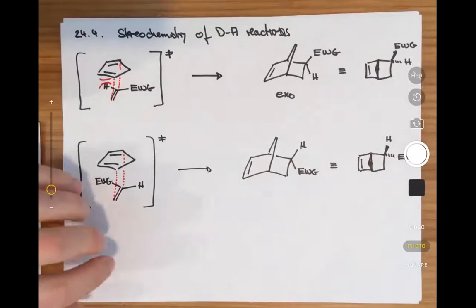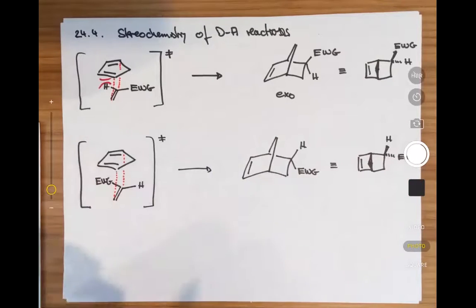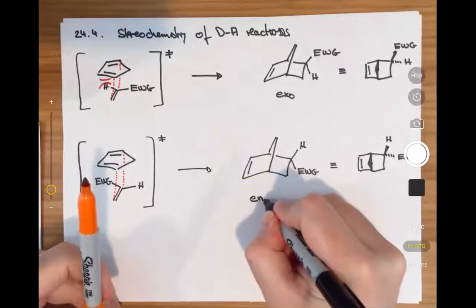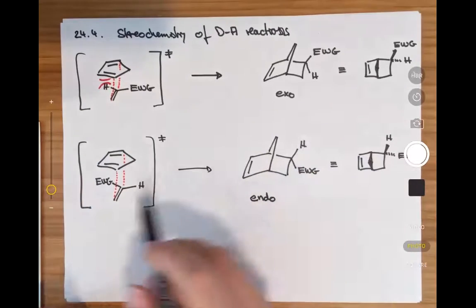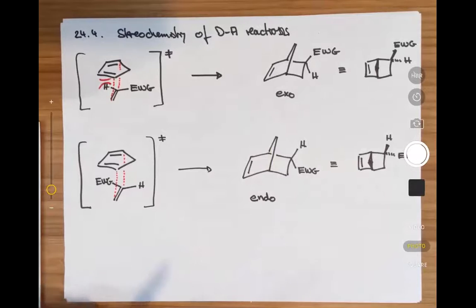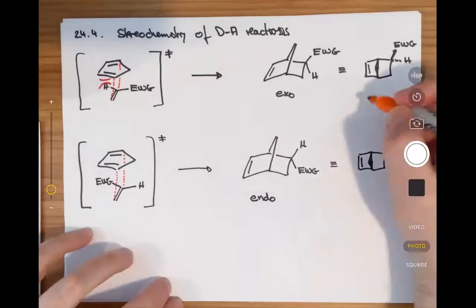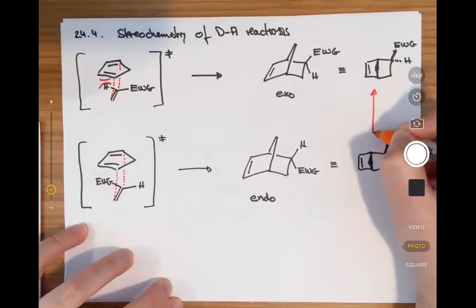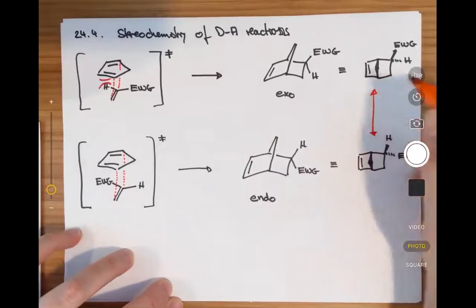Now, the relative conformation of this electron withdrawing group, we usually define as the endo product. Endo because this electron withdrawing group was tucked underneath the ring system. And these two products with respect to each other, if you take a close look at them, are actually diastereoisomers.